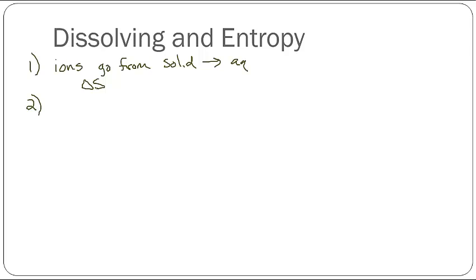Talk at your tables just for a second, and I'm going to go to the cards. All right, Cameron, what do you think? Yeah, delta S is going to be greater than 0. The ions are free to disperse throughout the liquid, whereas when they're solid, they're locked in place.